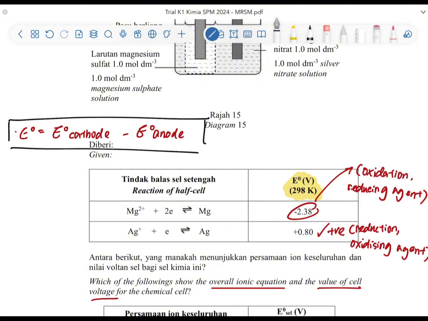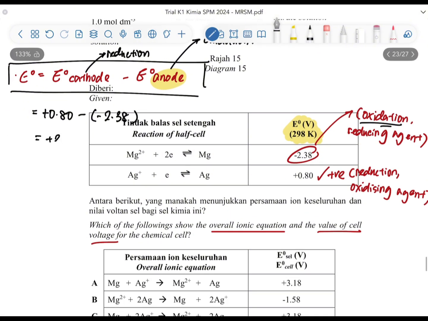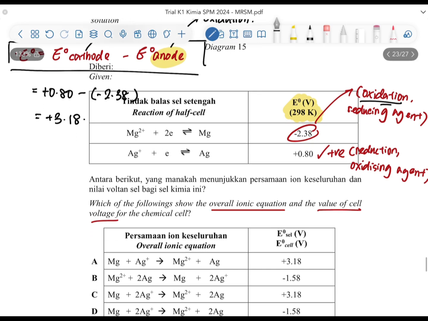So okay, please remember this anode always refers to the one that undergoes oxidation. So isn't it, we already found which substance will undergo the oxidation. So in this case, it is the magnesium that undergoes the oxidation, right? So for sure, here is the reduction. So the E0 value would be positive 0.80 minus negative 2.38. So our answer would be positive 3.18 volt.